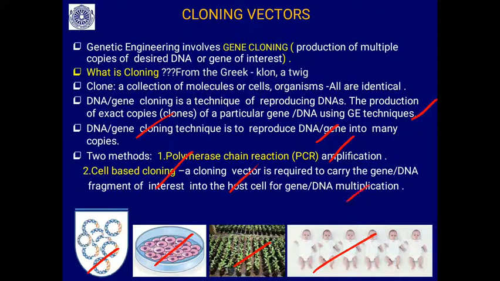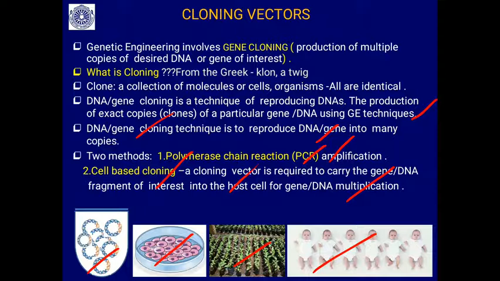We will study the PCR technique later. Today we are going to study cell-based cloning, where a molecular vehicle or cloning vector is required to insert the gene of interest, and it is later transformed into the host cell, which multiplies our gene of interest into many copies.